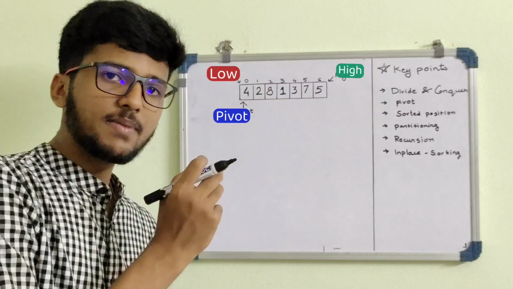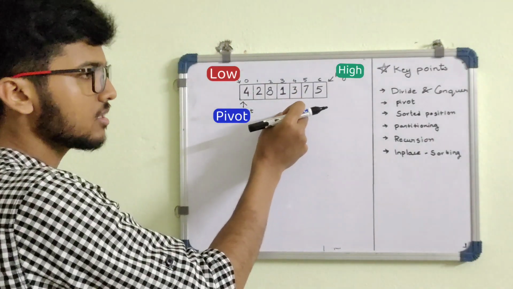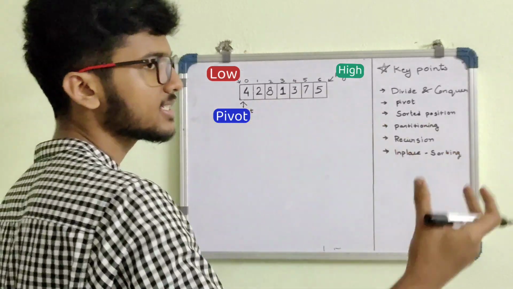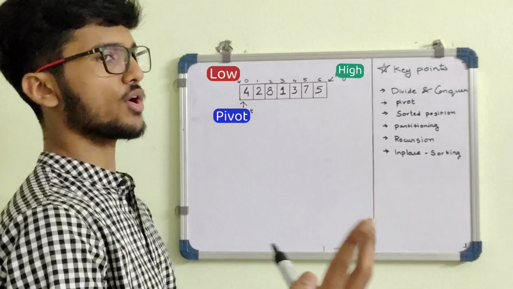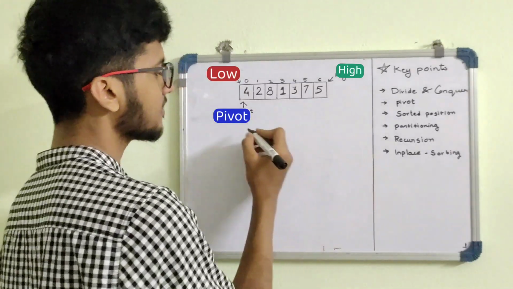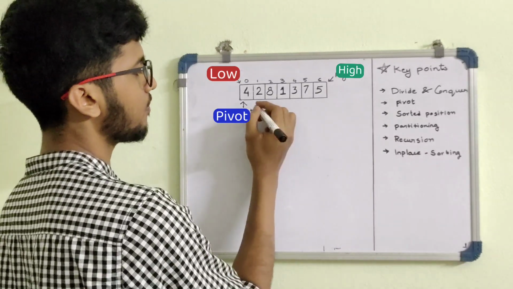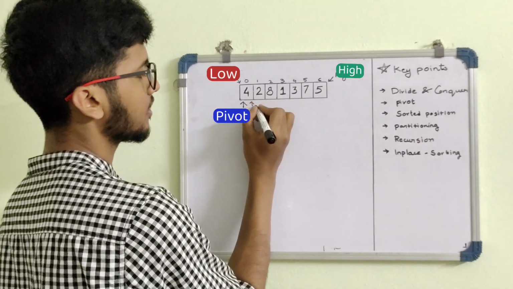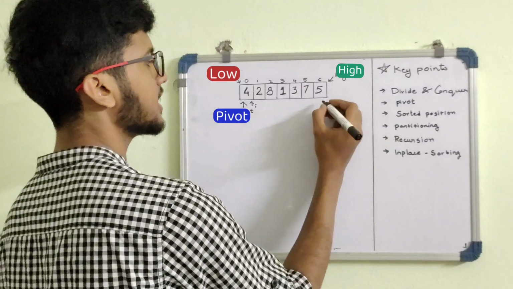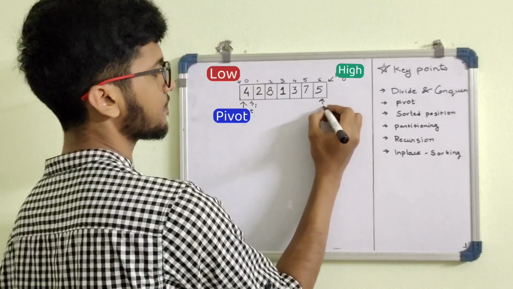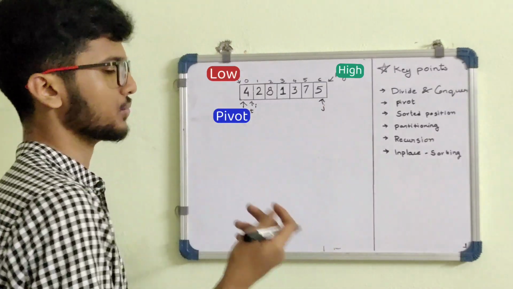Now this pivot element should be placed in a position where all the elements on the left are smaller and the right are greater. For that, we are going to take two pointers. One is the first pointer called I, pointing at the first index of the array, and the other pointer is J. Now what we are going to do?